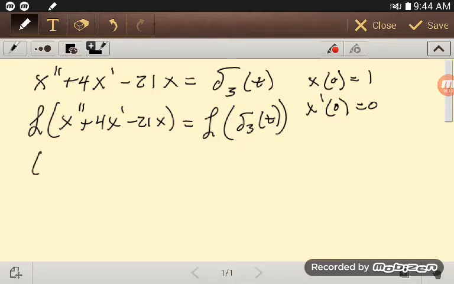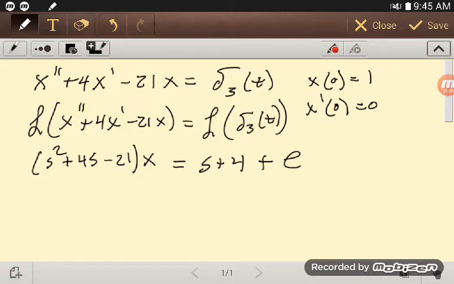So we have s squared plus 4s minus 21 times X, and then we had the minus s and the minus 4, which we bring to the right hand side. And then our Laplace transform of that Dirac delta function, we get e to the minus 3s.